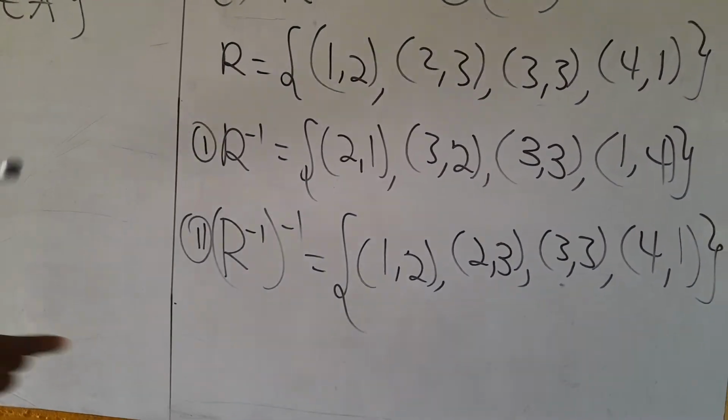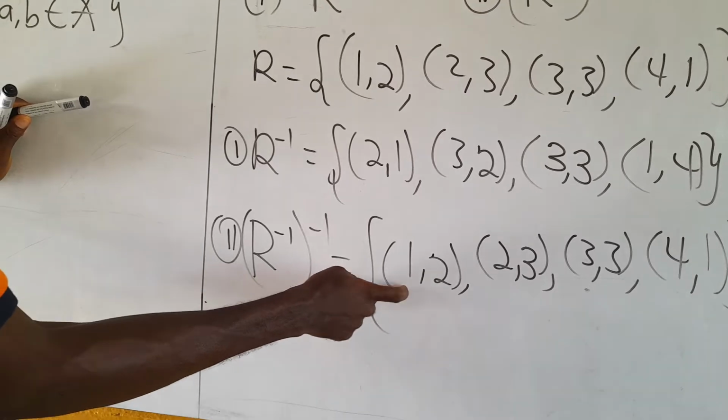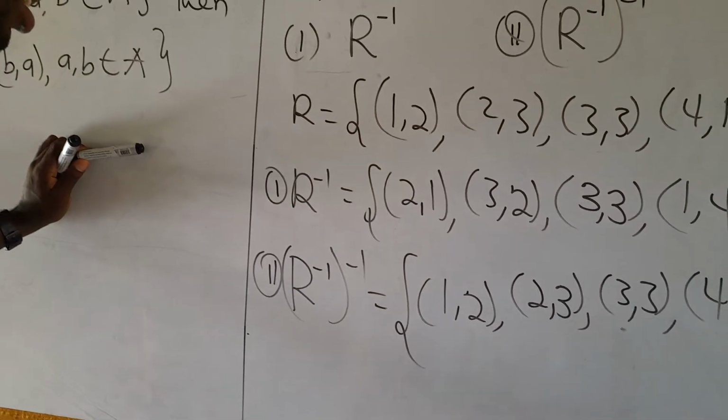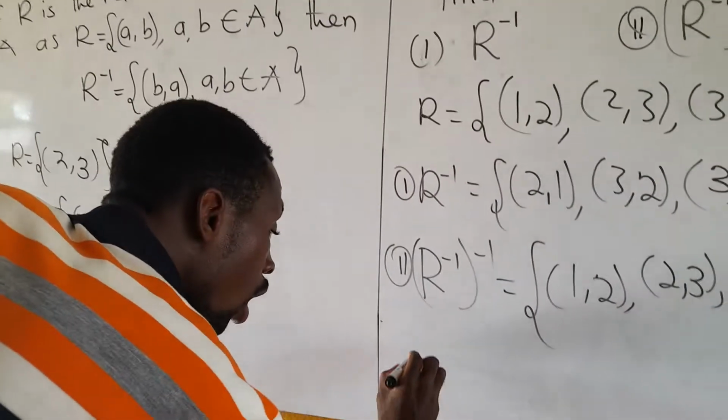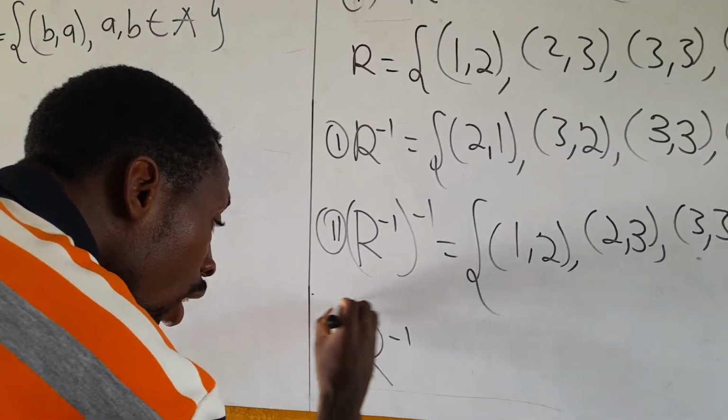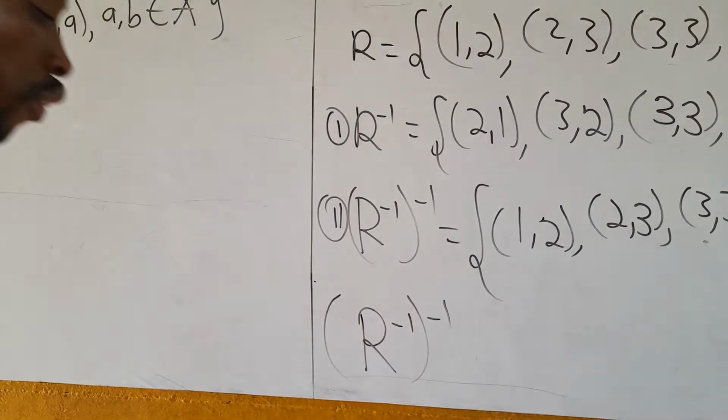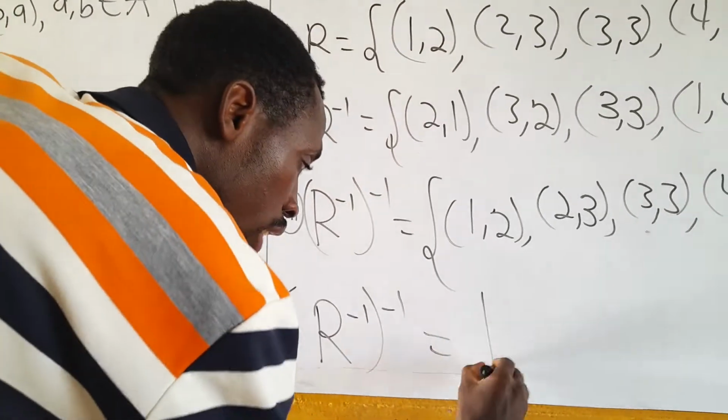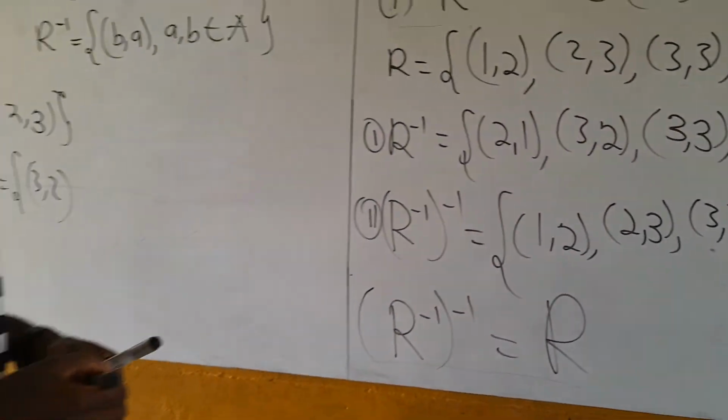Look at this. When we alternate, we still get the R back. So we can say that the inverse of R inverse is R again. I hope you get that.